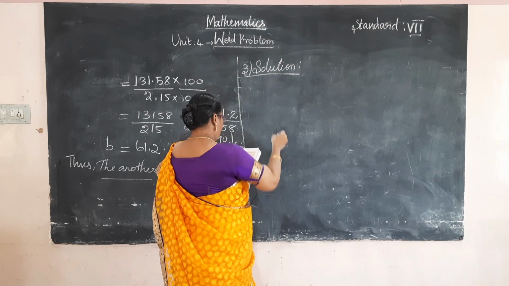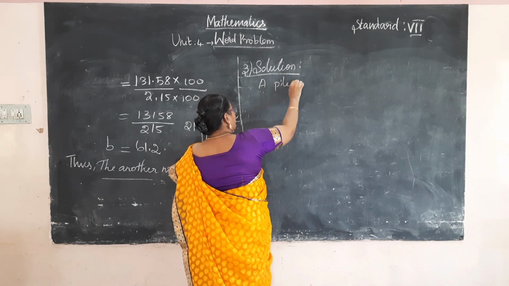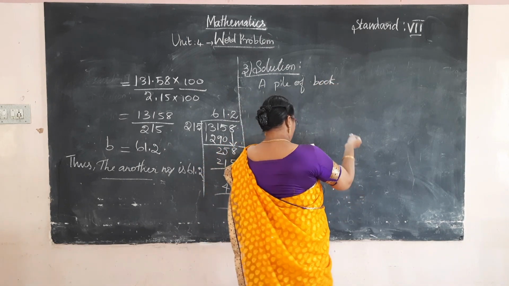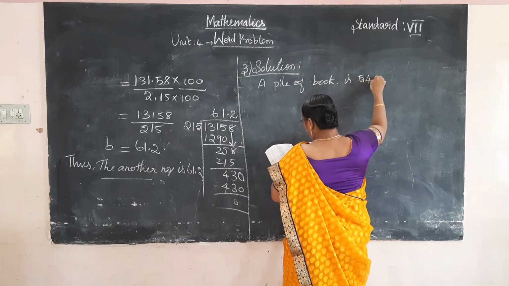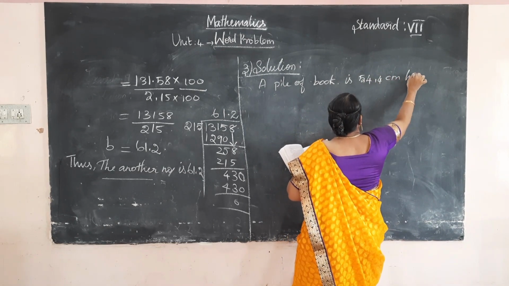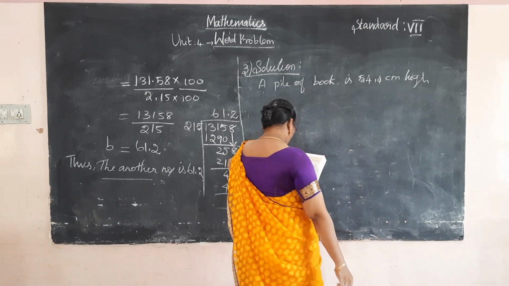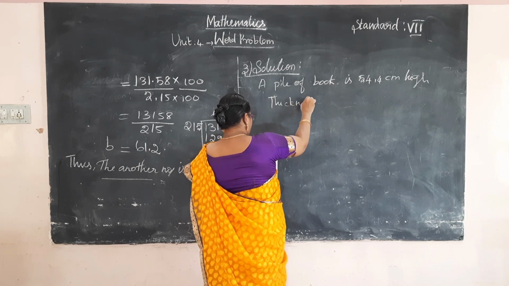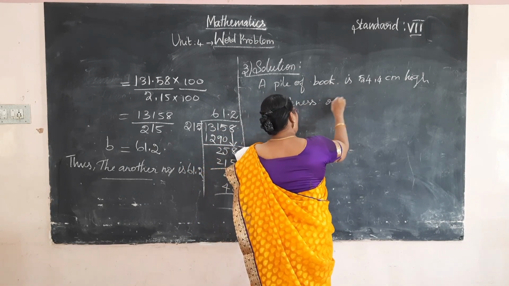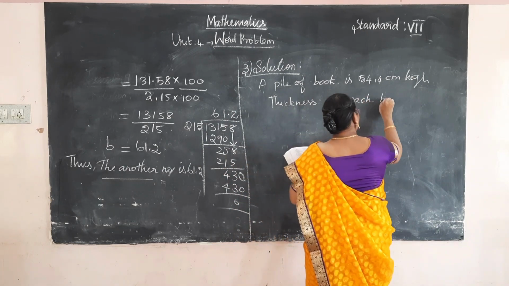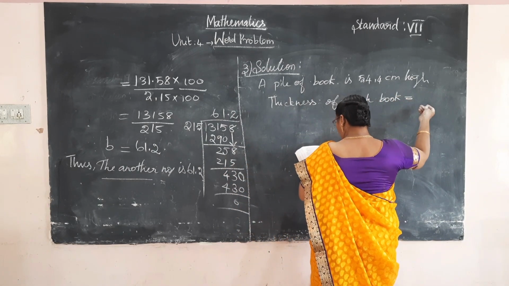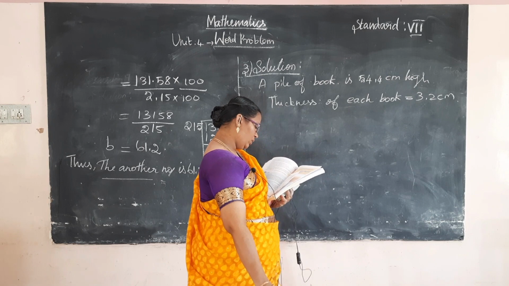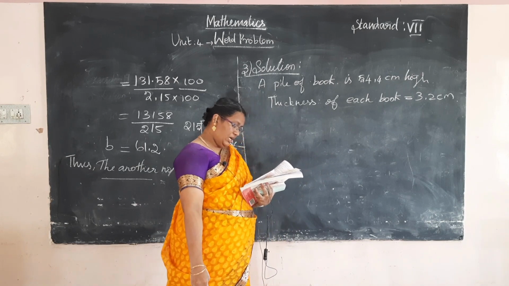First write: pile of books is 54.4 centimeter height. Next, the thickness of each book is equal to 3.2 centimeter.